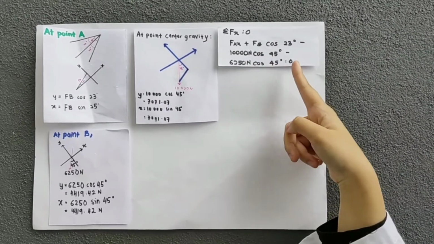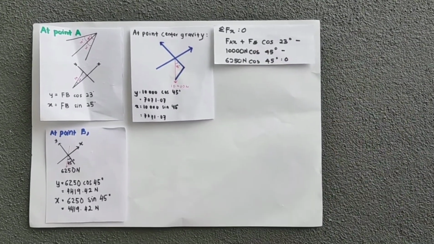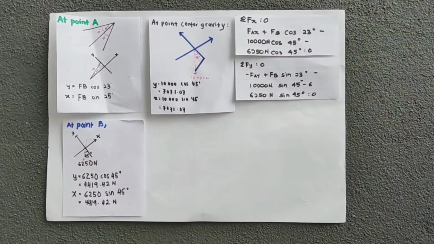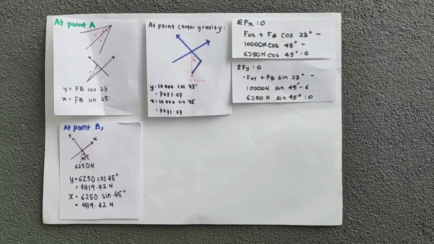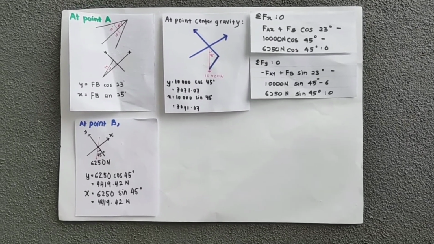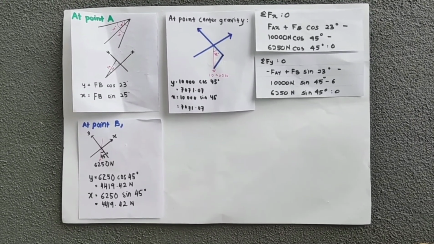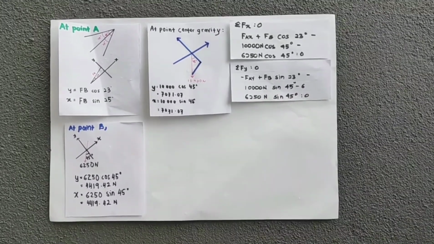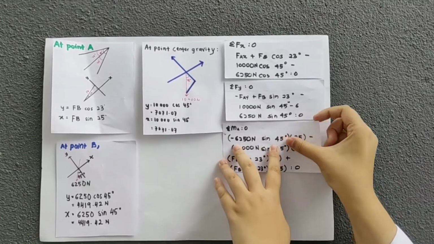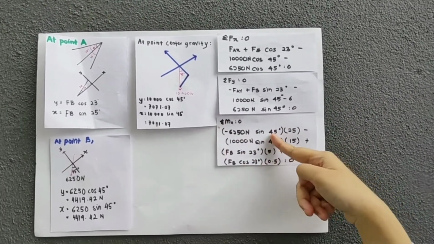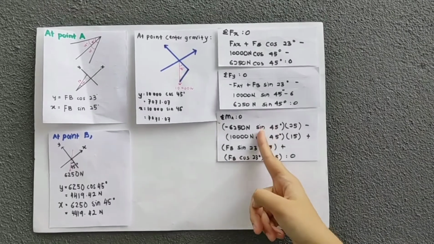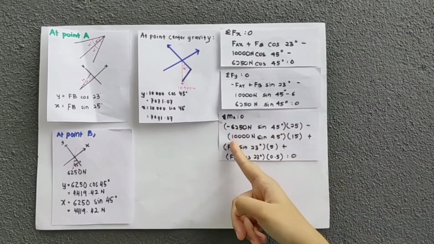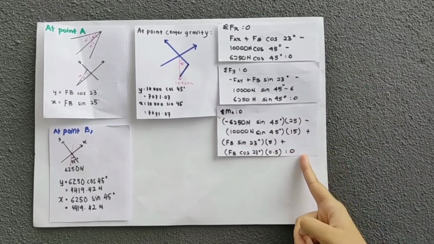Next, summation of Fy: we use the same technique, including all the points from the y-axis and making it equal to 0. Lastly, summation of moment. As we know, moment is the product of force with distance, and we include all the data and make it equal to zero.